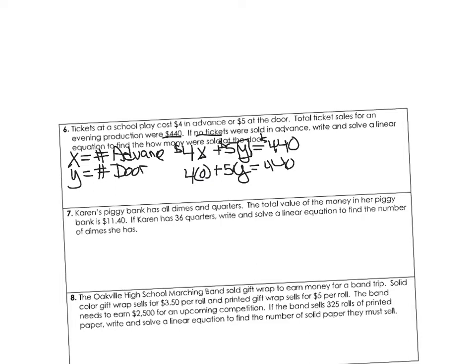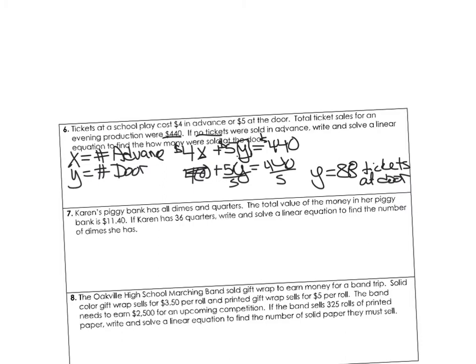All right, so 4 times 0 is 0. So we're just going to divide by 5. So Y equals 88. All right, and Y is the number of tickets sold at the door. So we sold 88 tickets at the door.